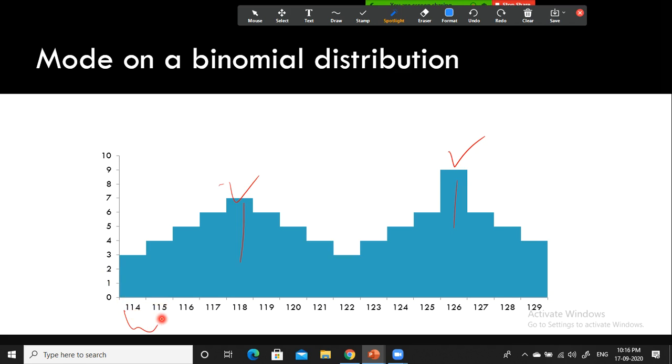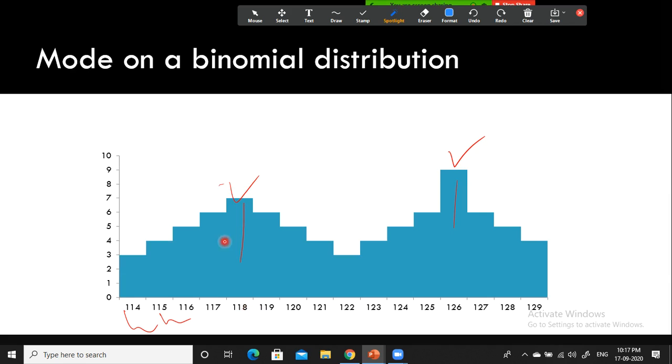Between 114 and 115 centimeters, the feet length of females, there are 300 people in the population. Similarly, for 115 to 116 centimeters, 400 people are in the population.